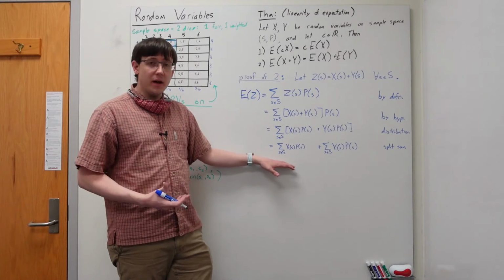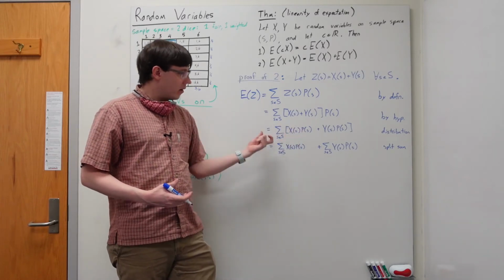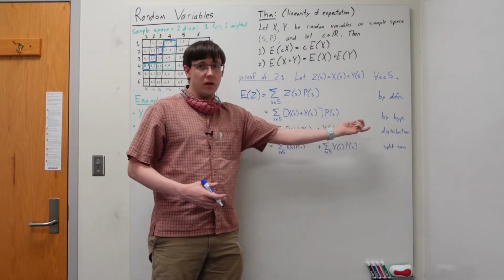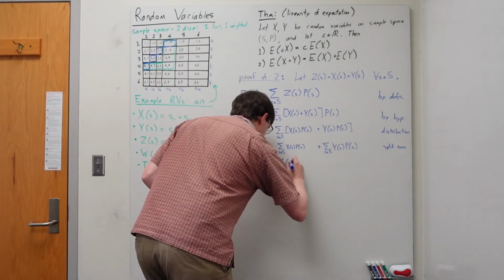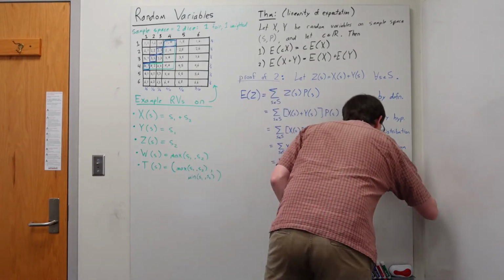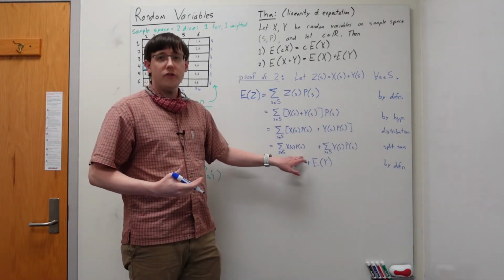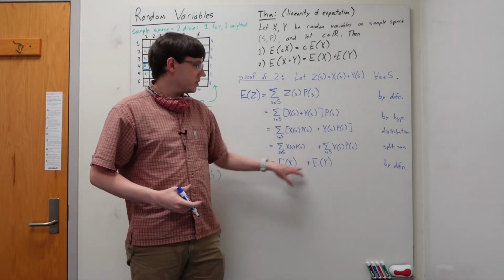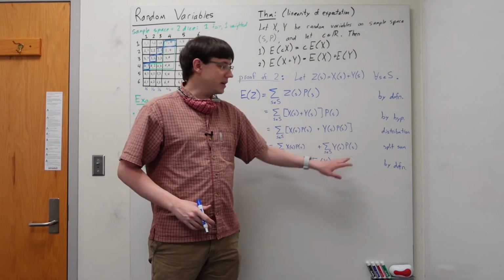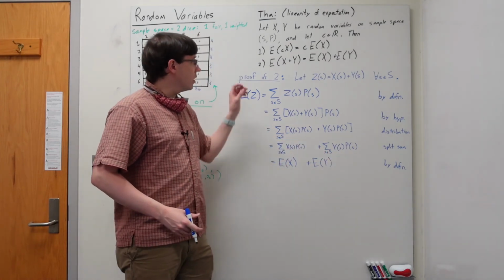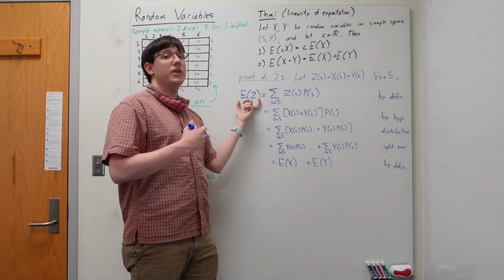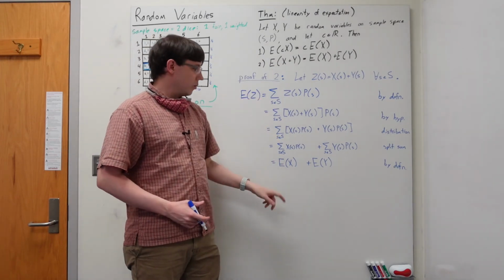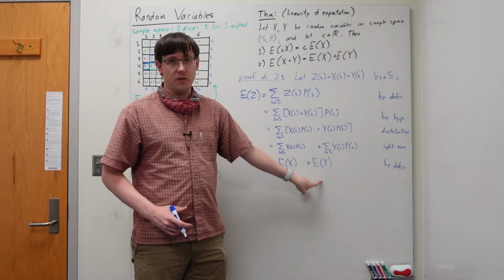We can split up the sum by collecting all of the x terms and all of the y terms into separate sums. But this is the definition of the expectation for x, and this is the definition of the expectation for y, and so we've shown that the expectation of our variable, which was x plus y, is equal to the sum of the expectations.